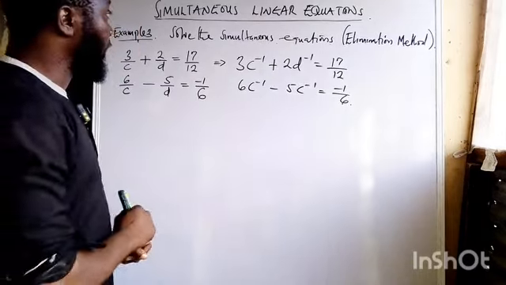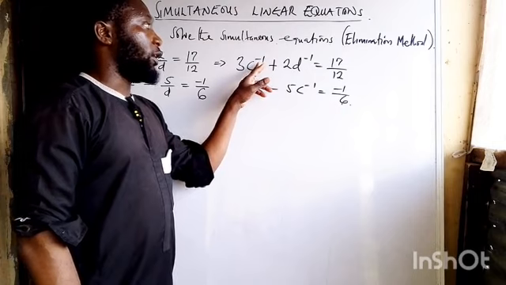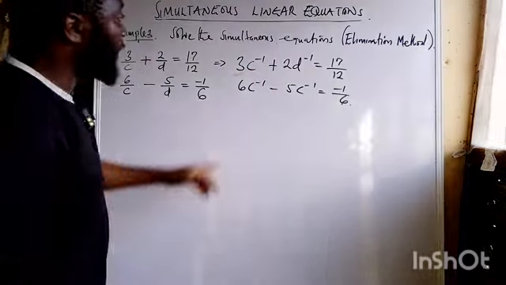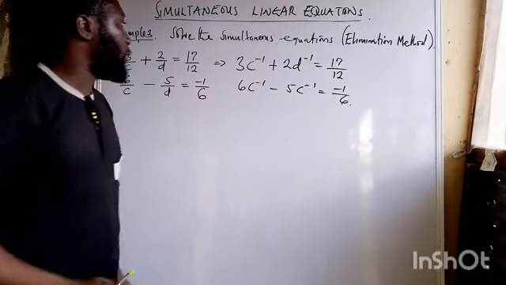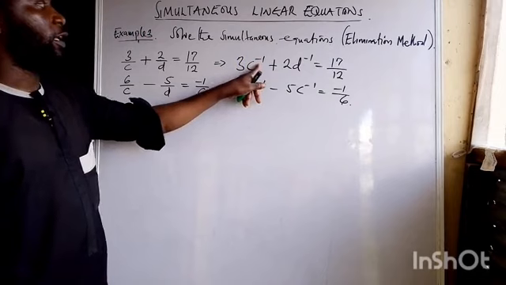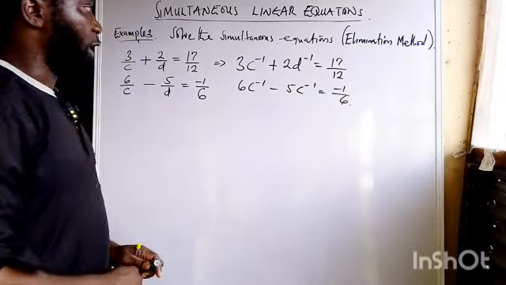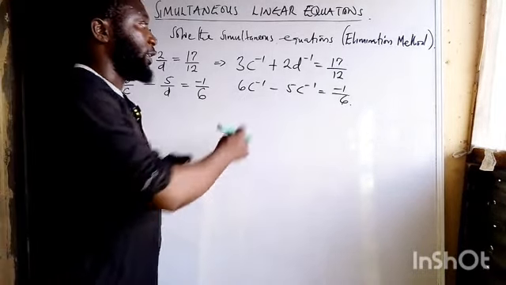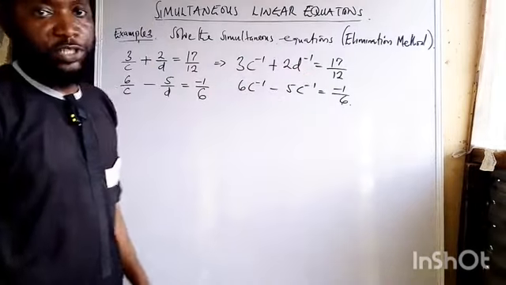And don't forget, for linear equation, it should be what? 1. Now to make this linear, we have to assume a value for this c to the power of -1 and d to the power of -1. And that is why, in real sense, this is not linear, but we can make it a linear equation.